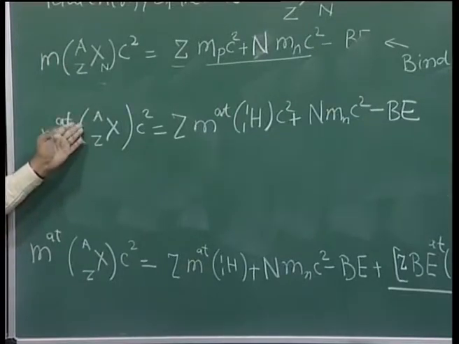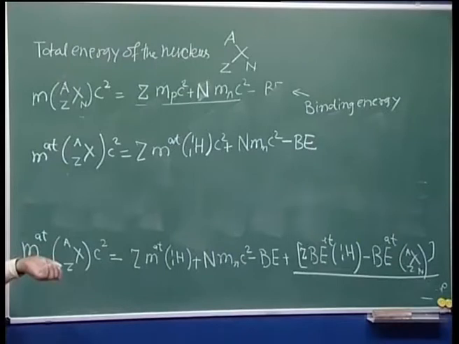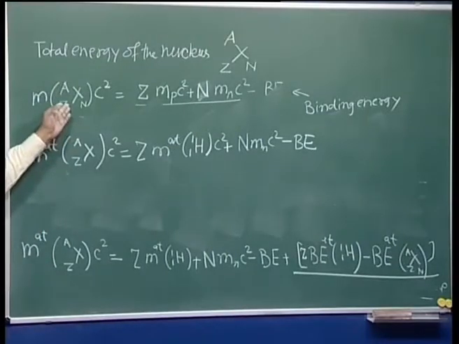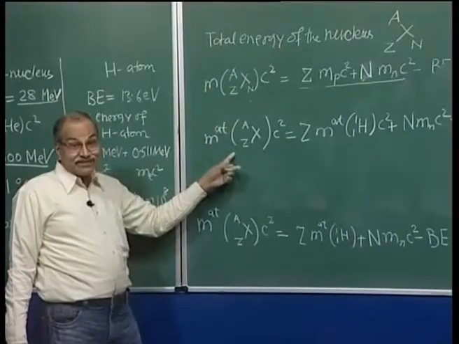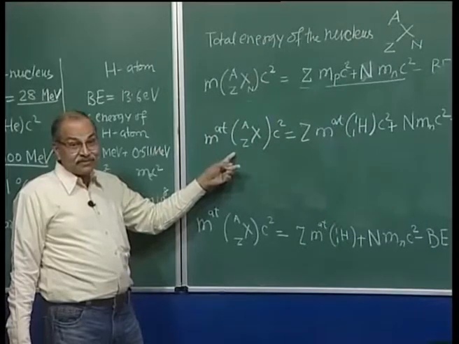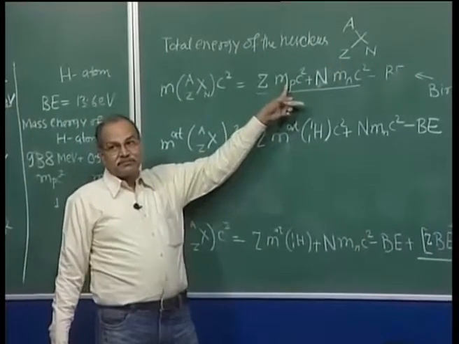Okay? This mass is different from this, right? Atom mass, that means you are putting Z electrons also. So, instead of this nuclear mass, I am writing mass of the atom having that nucleus at the center plus electrons. And similarly here, this is mass of the proton.